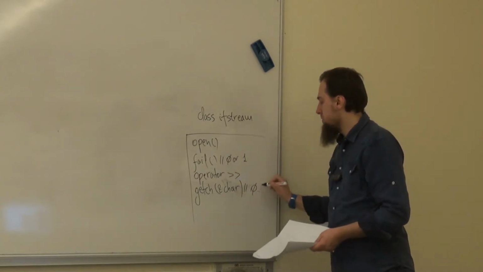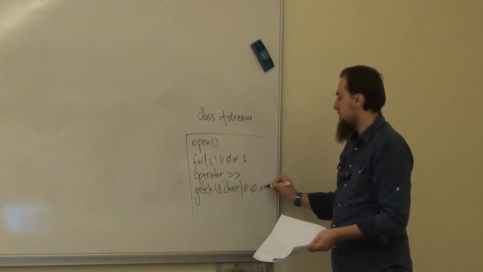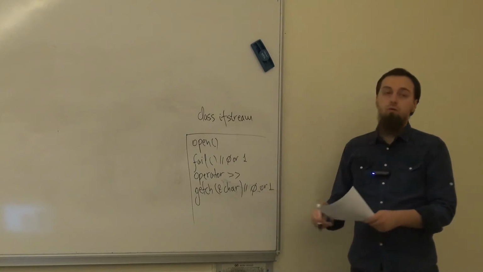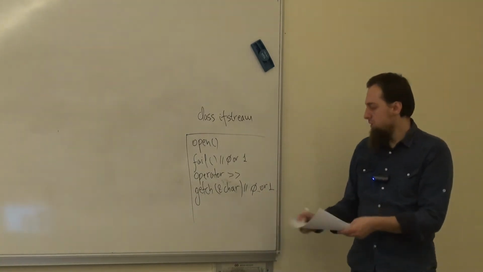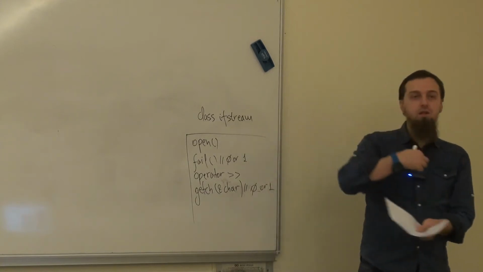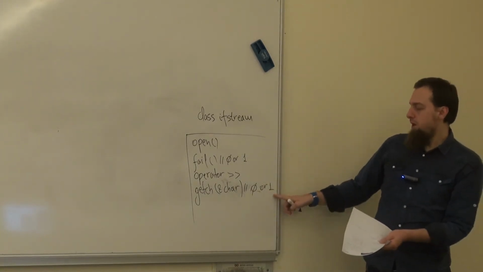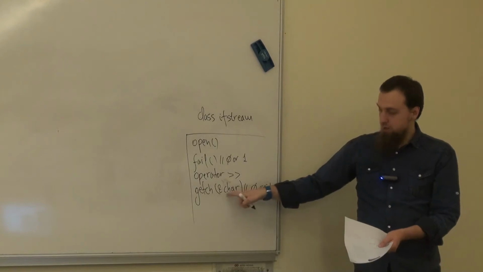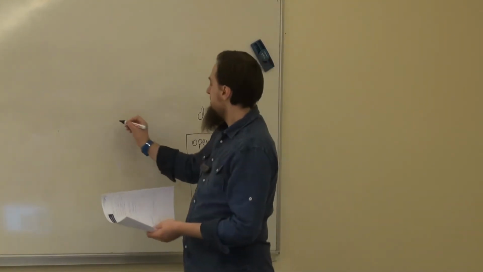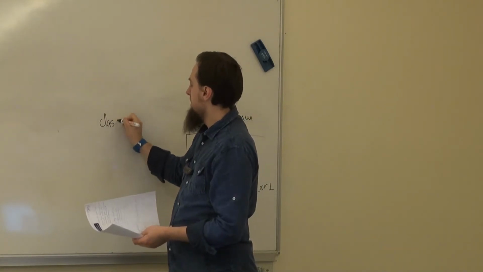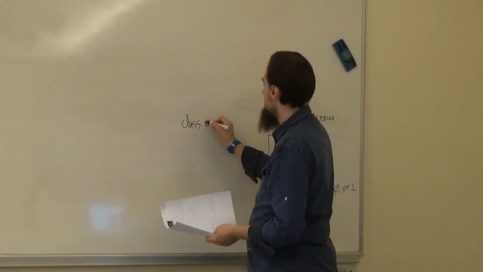But also it returns 0 if there is no character that we can take, or 1 if we can get it. If you are at the end of the file and we are trying to get a character, it will fail, so it will return 0. But if it can take a character, it will return 1, and the character will be put here. That's why we pass the data as a parameter. The same members apply for the class ofstream.